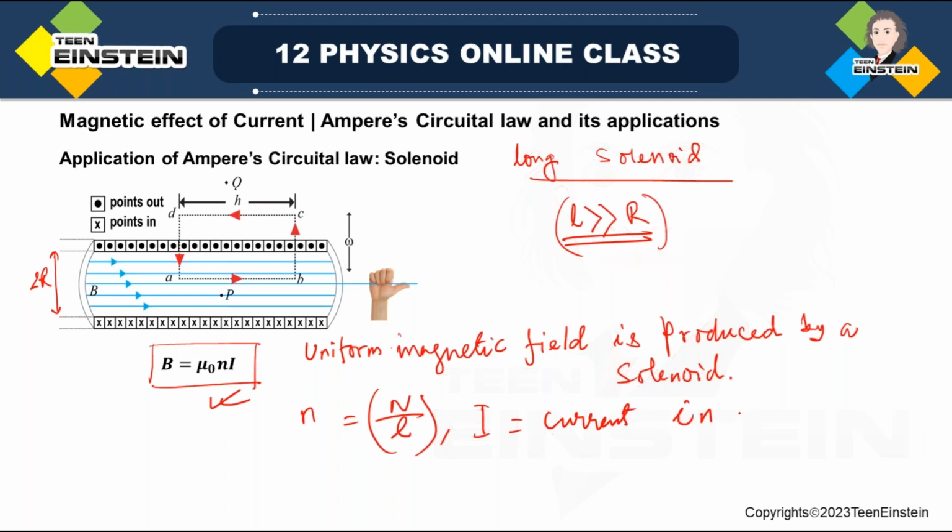If I have capital N number of turns, then it is N into I. This is the total current associated with the loops or coils of the solenoid. Okay, n i. All right, this is good so far.